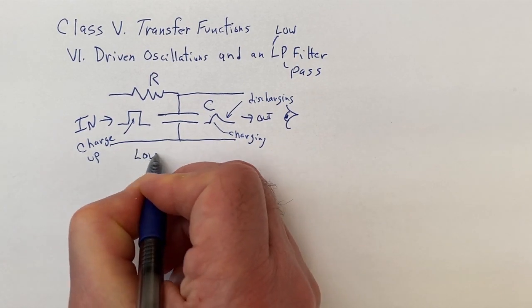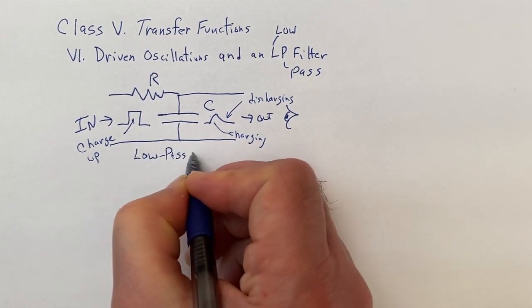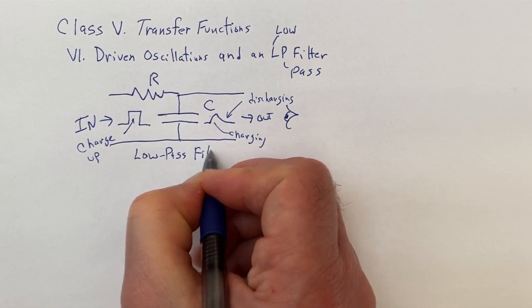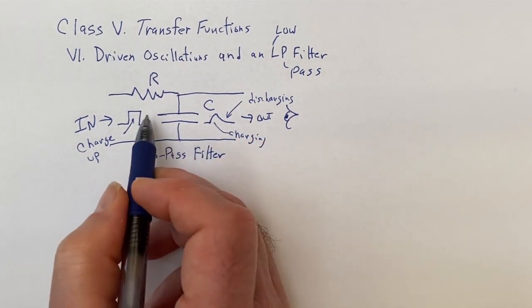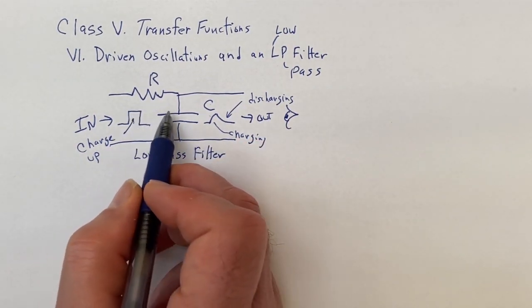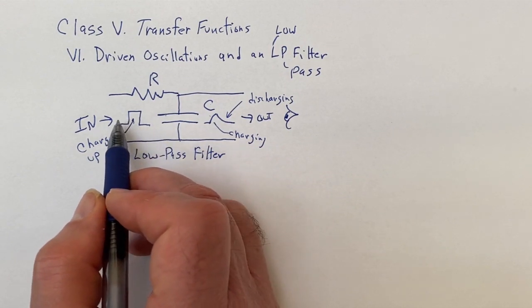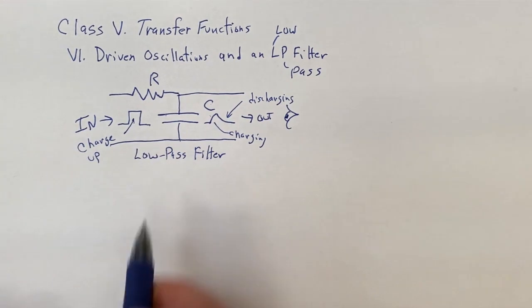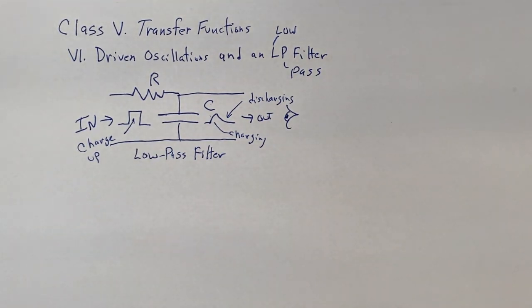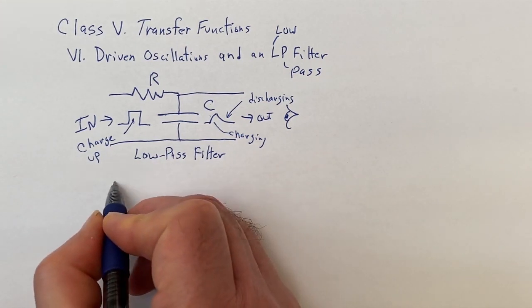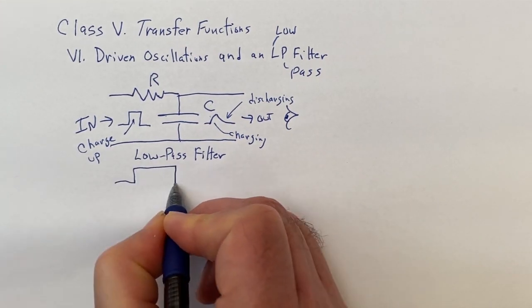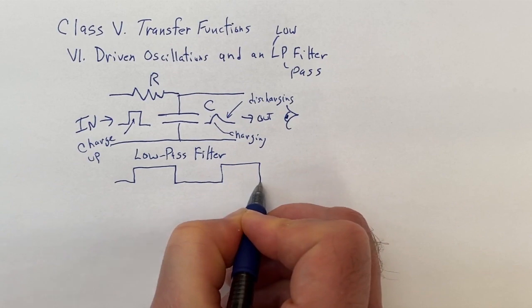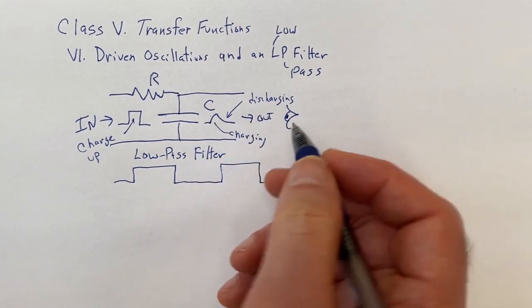So this is a low pass filter, which we will explain why mathematically, but you can think of it that it takes time to charge up that capacitor. If this is a long period of time where the pulse is high, the capacitor will fully charge up and then discharge. You can imagine fully charging up, discharging, fully charging up. So you'll see that on this end.